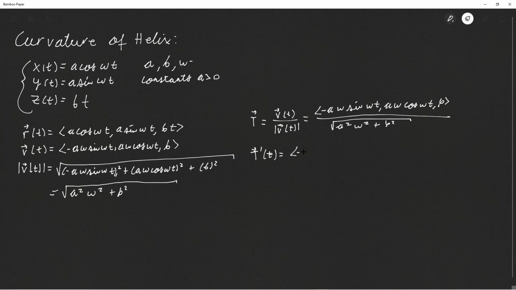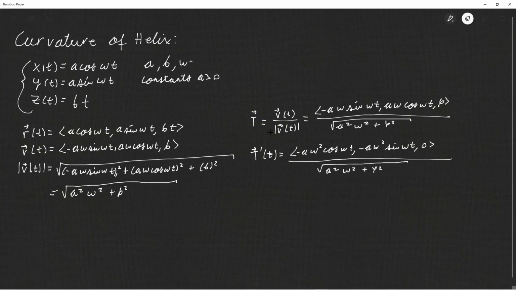So this will become negative a omega squared cosine omega t, negative a omega squared sine omega t, and 0, divided by the square root of a squared omega squared plus rho squared.